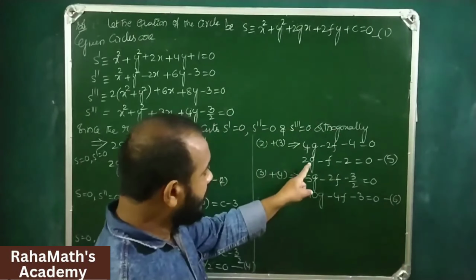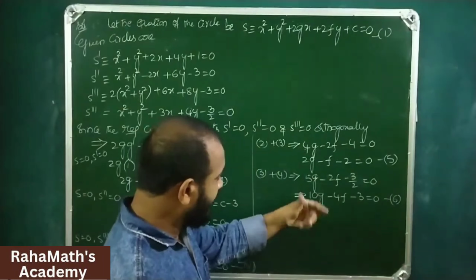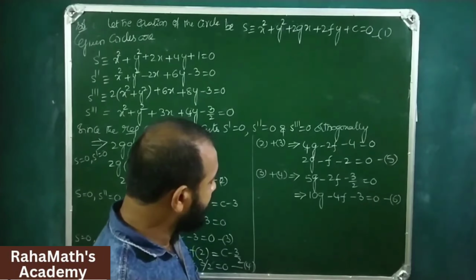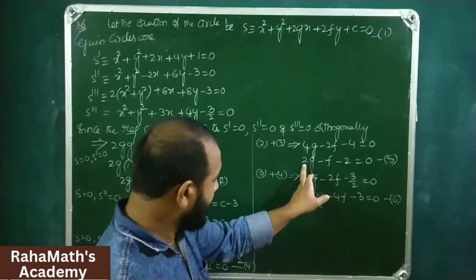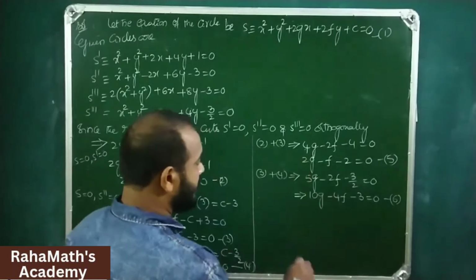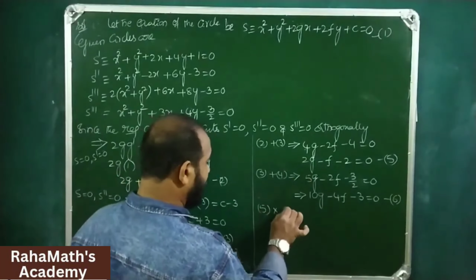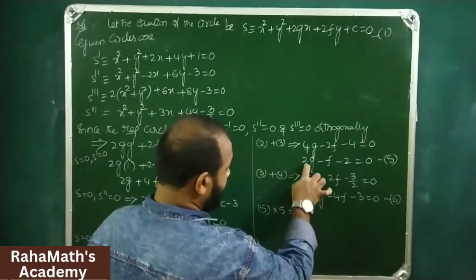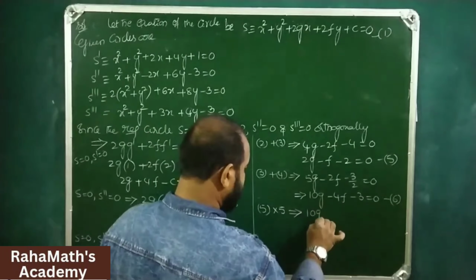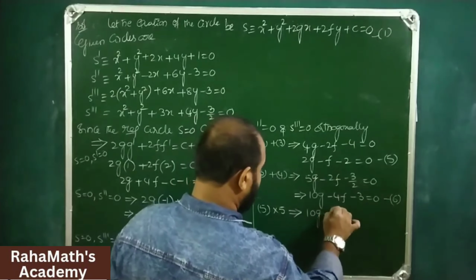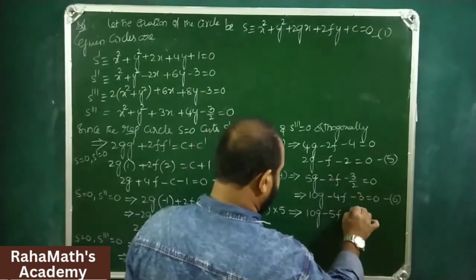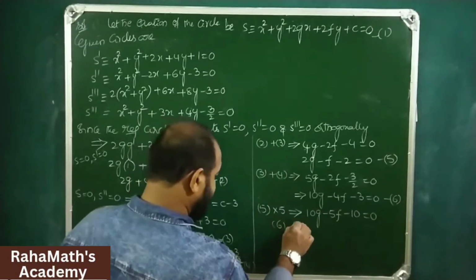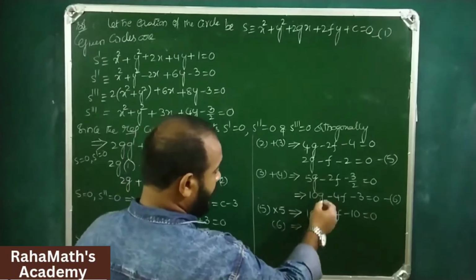So I will solve 5 and 6, for which simply I will multiply the fifth equation with 5. Then 5 twos are 10G, 5F, 5 twos are 10 equals 0. And the sixth equation is as it is; I'm not doing anything for that.